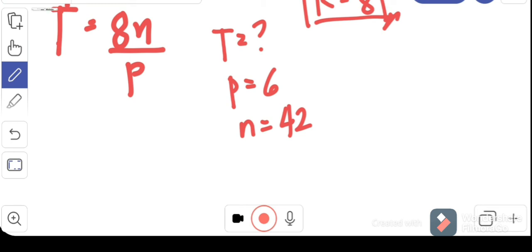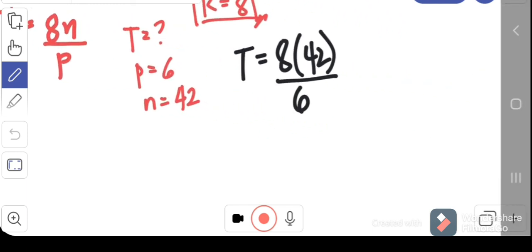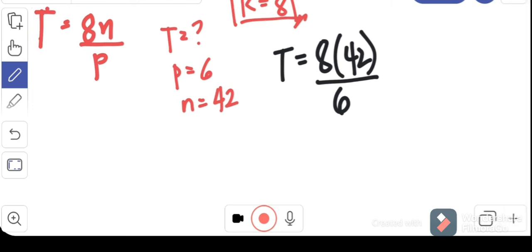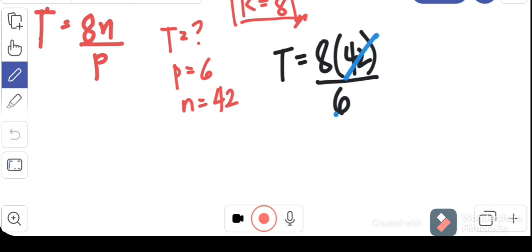We have to find T, 8, the constant of variation, times 42 divided by 6. Now what is this? So we can cancel 42 and 6.